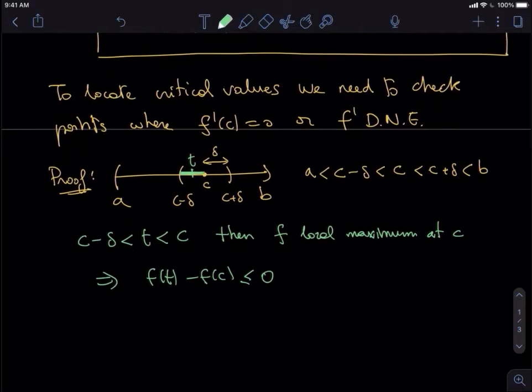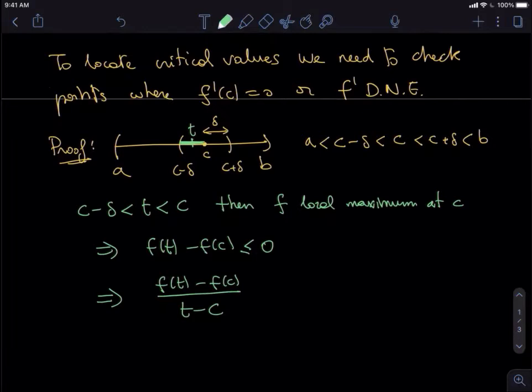But now I'm going to divide f(t) minus f(c) by t minus c. Notice that t minus c is negative, so it's going to flip the inequality.